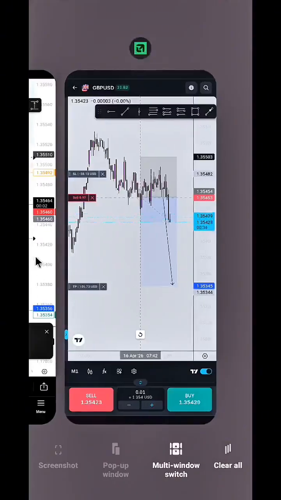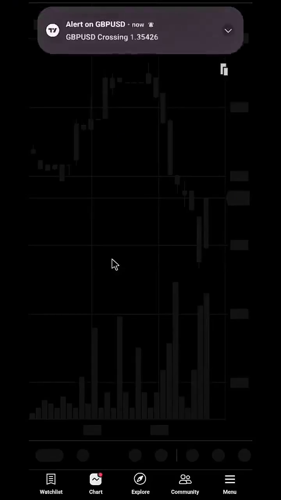The price has touched the equilibrium. I'm going to reduce the risk once again to this high which was created at 801.